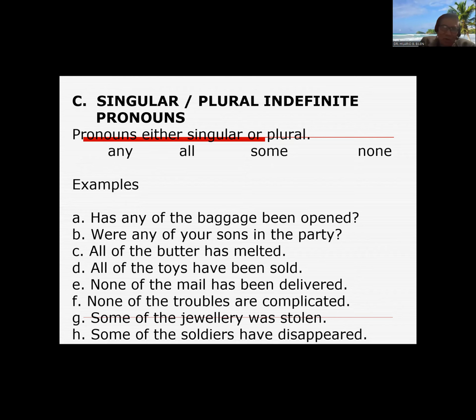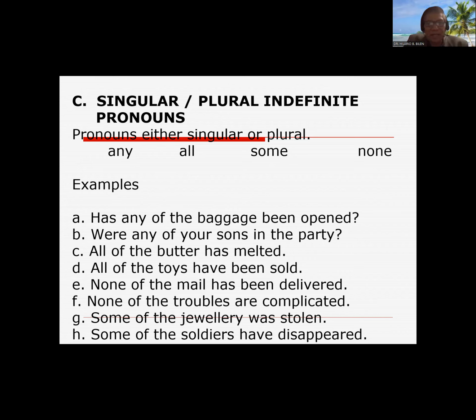Now we have also the so-called singular or plural indefinite pronouns.